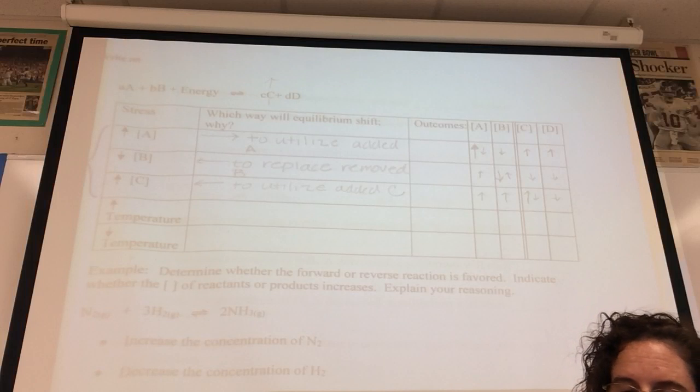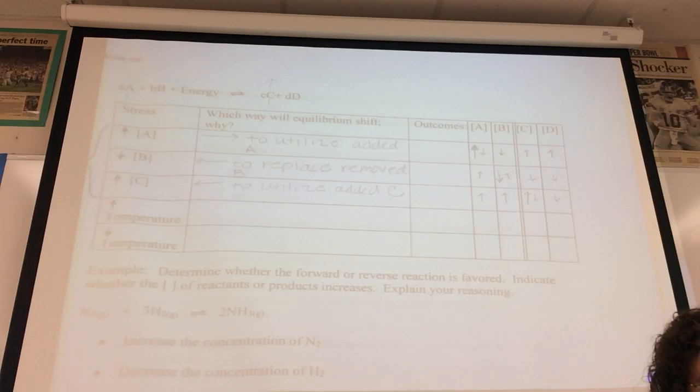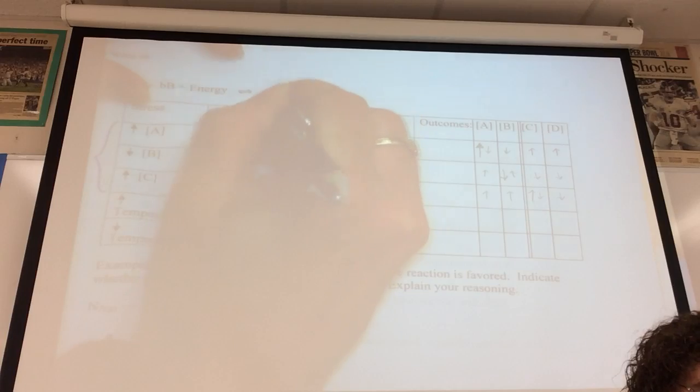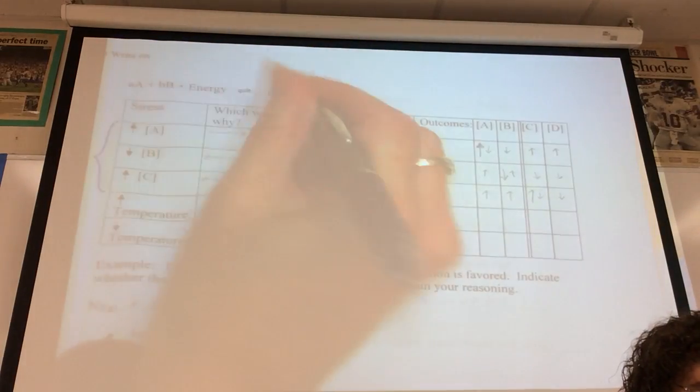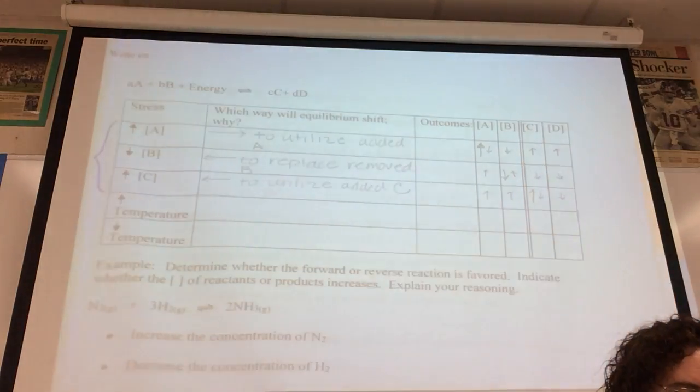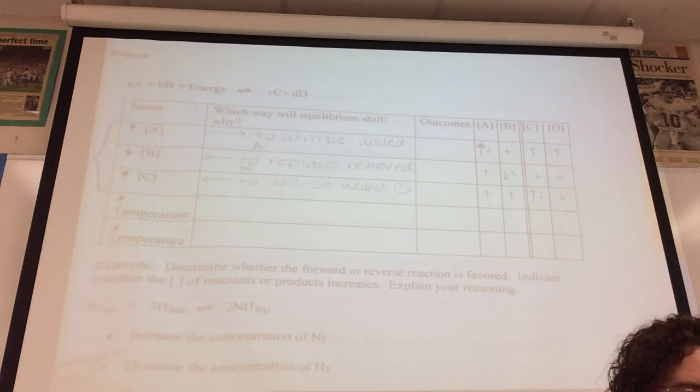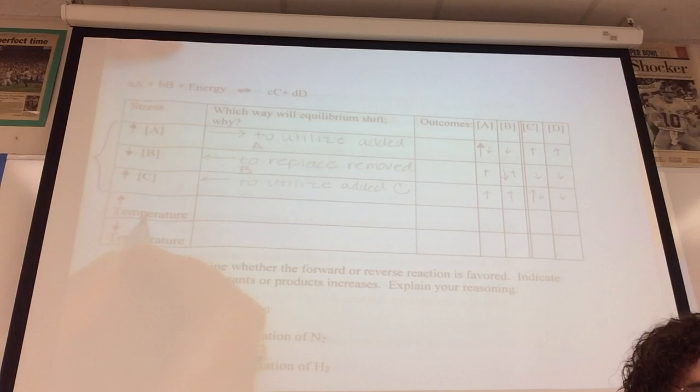Temperature works very similarly, but you've got to know whether the reaction's endo or exothermic. We established that this reaction is what? Endo, because energy is on the reactant side or left side of the equation. Feed the temperature into the energy term.